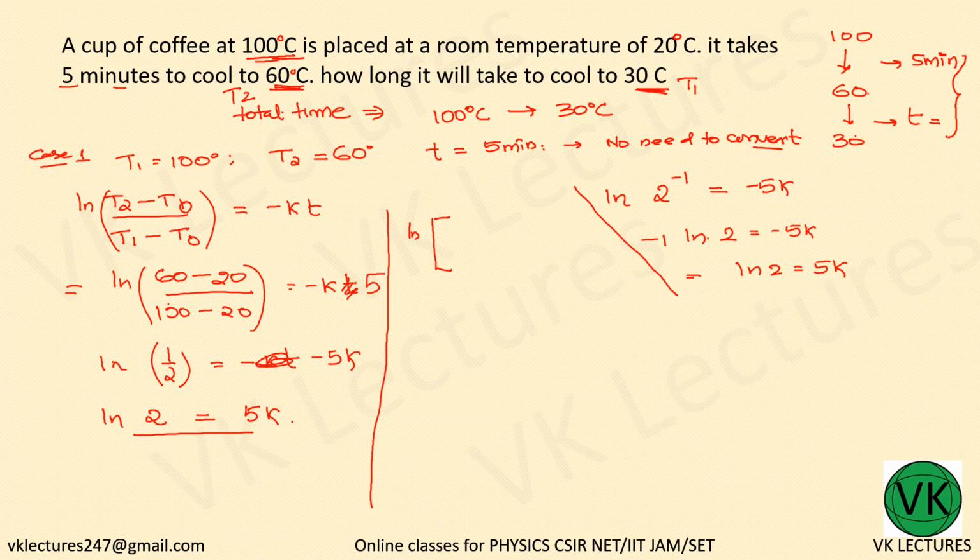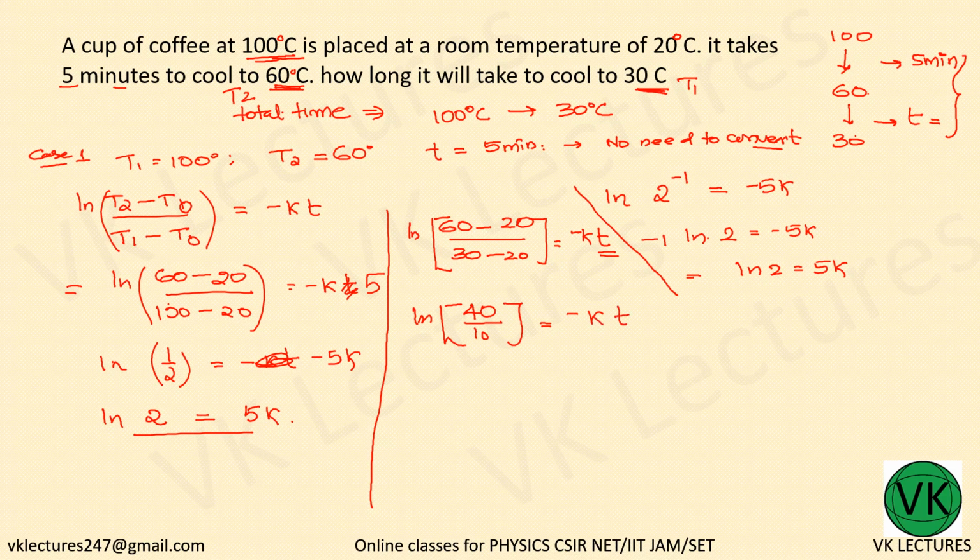So this becomes your T2, this becomes your T1. So T2 minus T0 over T1 minus T0, that is, 60 minus 20 divided by 30 minus 20, equal to minus kt, but this time t we don't know. So log of 40 by 10 is equal to minus kt.